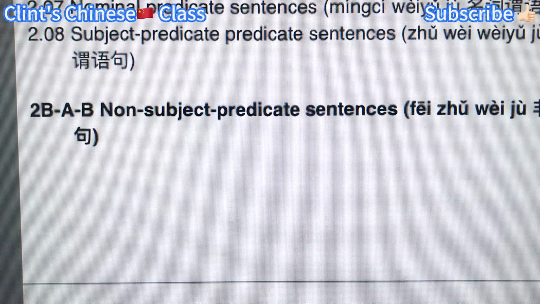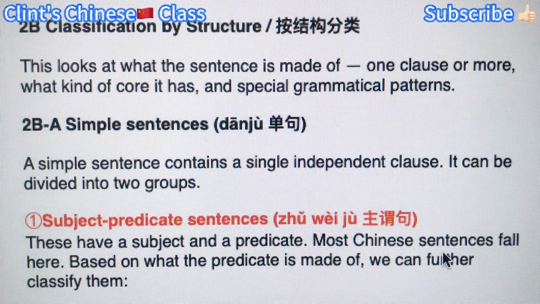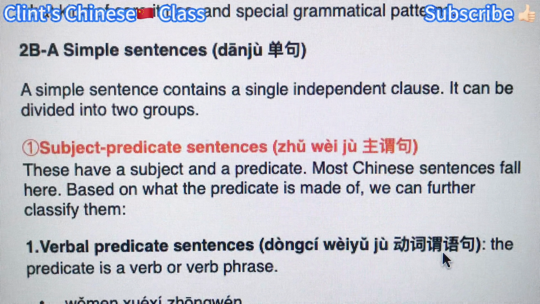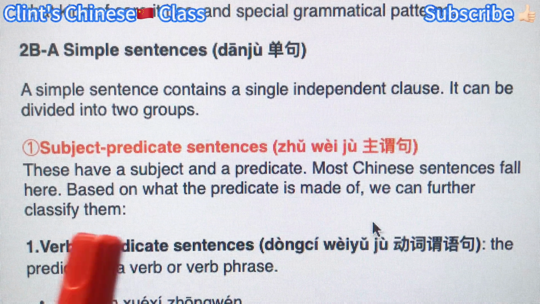And the third type are the special sentence patterns. So today we're going to look at the simple sentences and the subject predicate sentences.